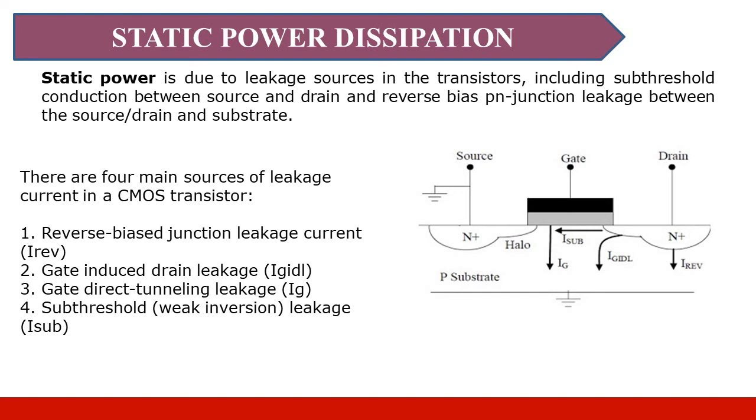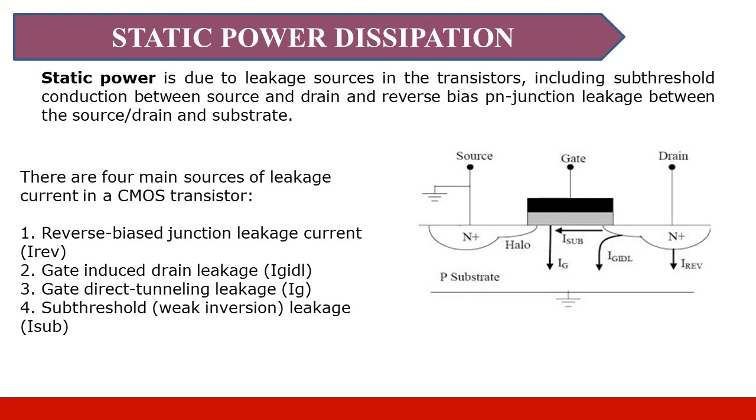One is the reverse bias junction leakage current, which is between the source or drain and the substrate junction. Then we have the gate induced drain leakage, which is between the gate and drain.